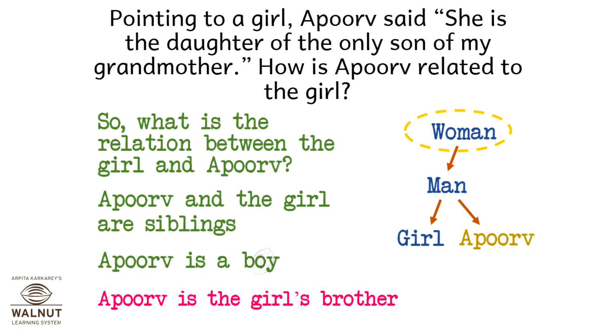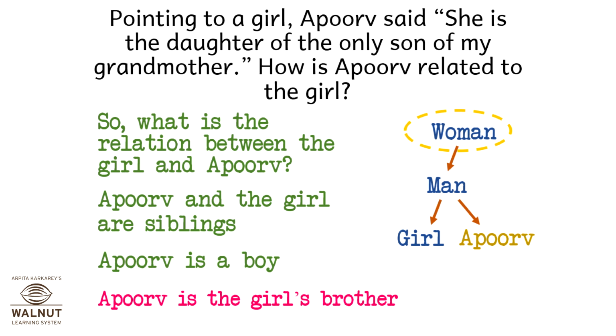Where is Apurv in all this? The woman is Apurv's grandmother. So Apurv is 2 levels below the woman. So we come to man, we come to girl, and we write Apurv right next to the girl. The man is the only child of the woman. So Apurv has to be that man's child.